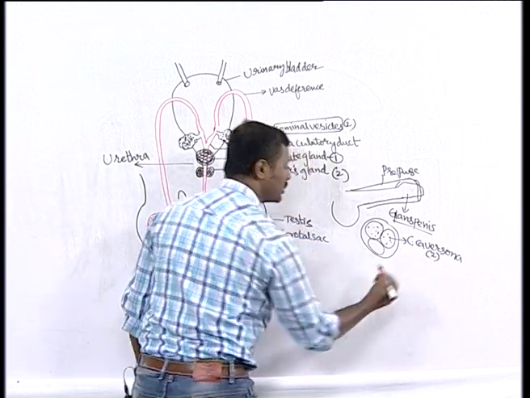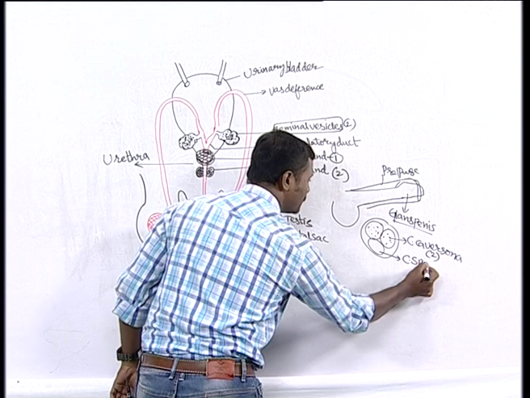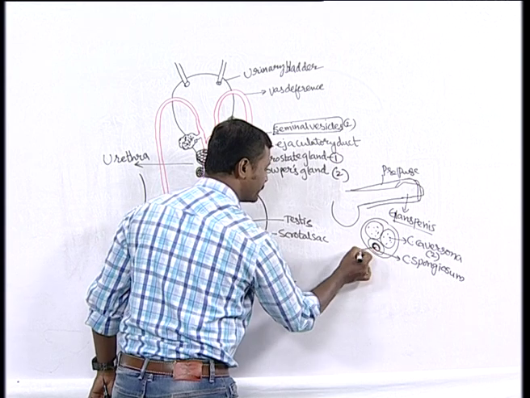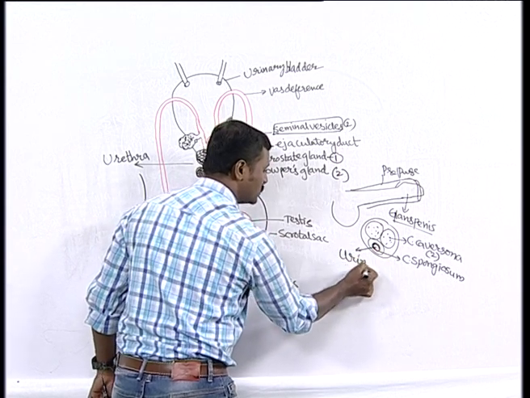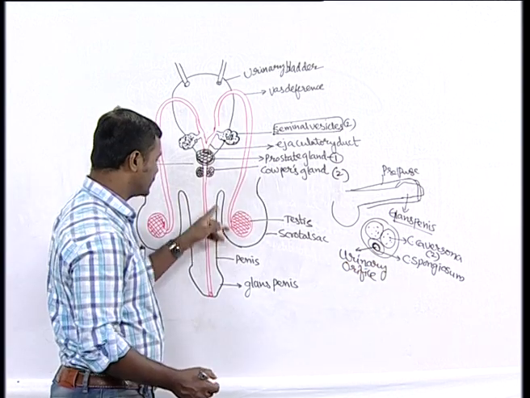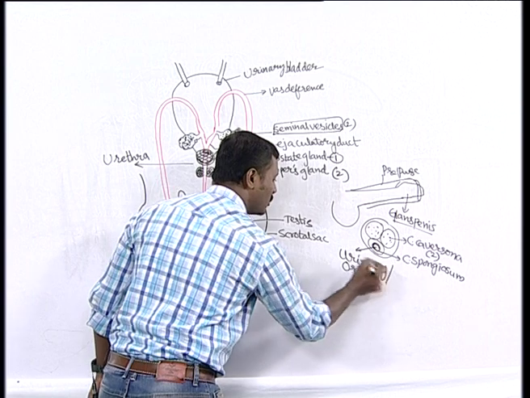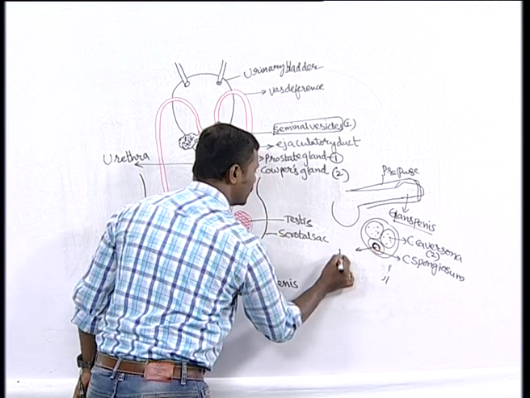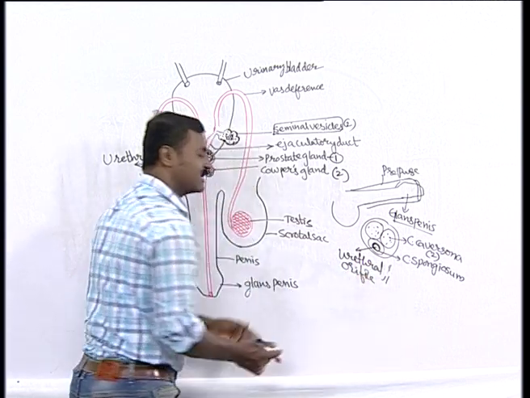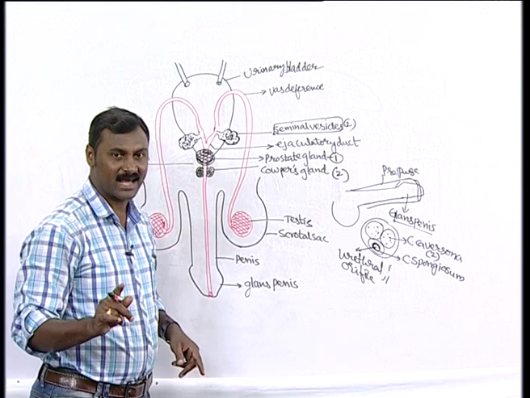How many bundles of corpora cavernosa are there in total? Two. And the other bundle you can see is the corpora spongiosum. In the corpora spongiosum, the urinary opening is present, which is called the urethral orifice, because through the urinogenital duct both urine and semen come. So the urethral orifice is useful for releasing both semen and urine, but not at the same time.